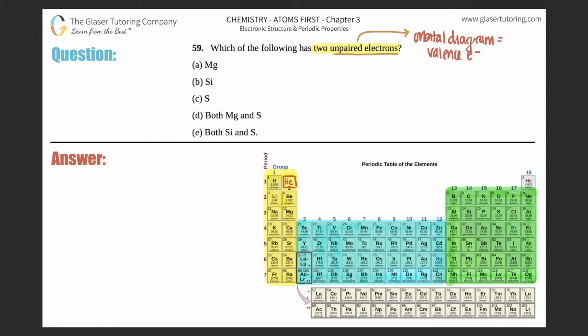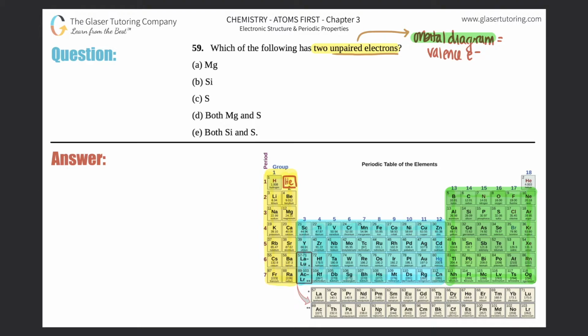Now, we've done plenty of questions on how to draw orbital diagrams previously in this chapter. I think they're probably about 5 questions back. So if you haven't drawn an orbital diagram, go back and do those questions first, because this will be the quick version. But nonetheless, we have to draw an orbital diagram for magnesium, silicon, and sulfur, and then figure out which ones have two unpaired electrons.